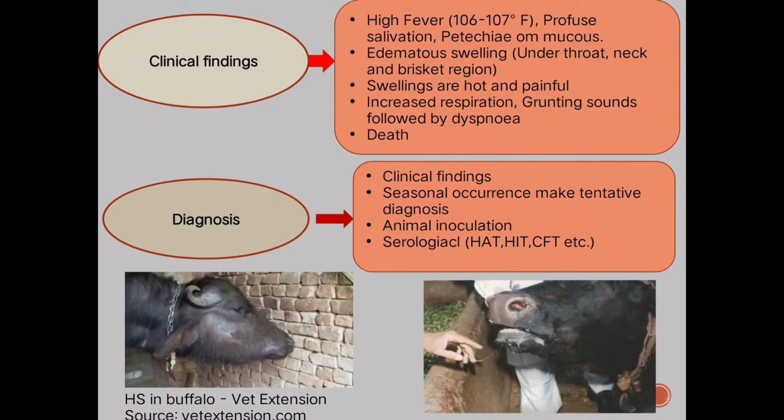By microscopic examination of the secretions of the tonsillar and nasopharyngeal region, and through a nasal swab, we can identify the bipolar organism Pasteurella multocida. Animal inoculation and serological tests like CFT, the complement fixation test, and other tests can be used for the diagnosis.